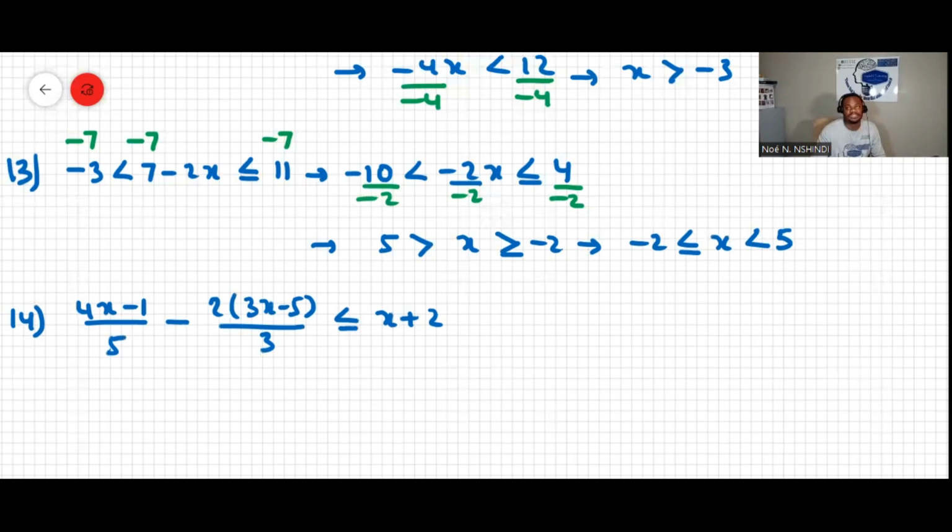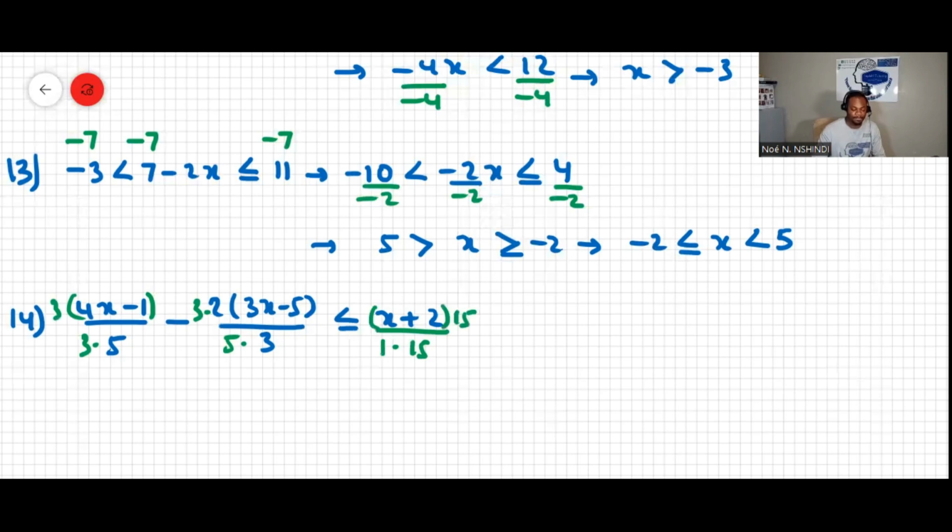I'll look at the common denominator here, which must be 15. So there's an invisible 1 there. So I times here by 3, I times there by 5 to make 15, and I times there also by 15. Whatever I do at the numerator, I must also do at the denominator.